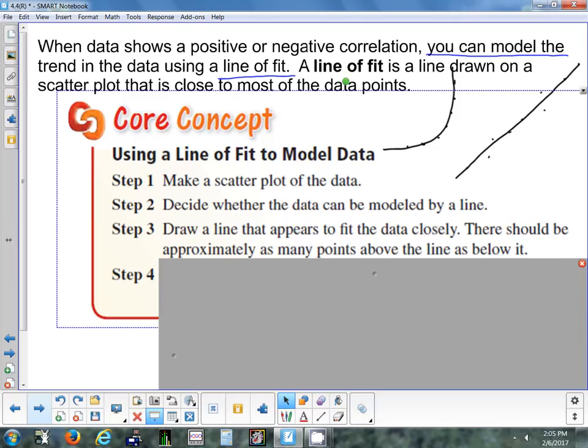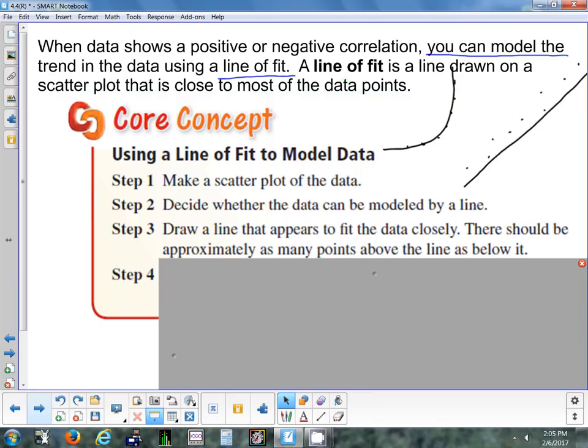So that's pretty good. 5 points right on it, 2 above, and maybe 3 below, or something like that. If you did a line of fit like this, I'd say that's a little low. You have every point above it. You don't really have anything below it. Try to put that line right in the middle.